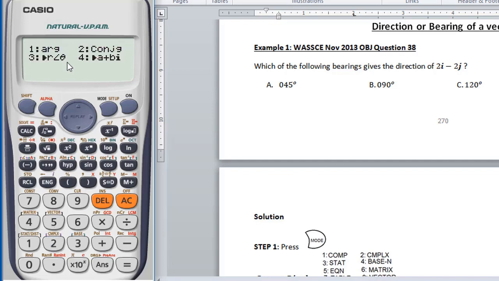Here we will not use the 3 because we don't want the magnitude and the direction. We want only the direction, the angle, so we use the ARG, and that means argument, that is 1. So we are finding the argument of 2i minus 2, and that is the argument of the answer. You can press on answer first, or you can just press on the equal sign.